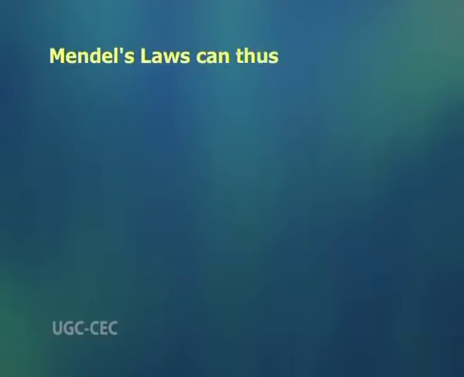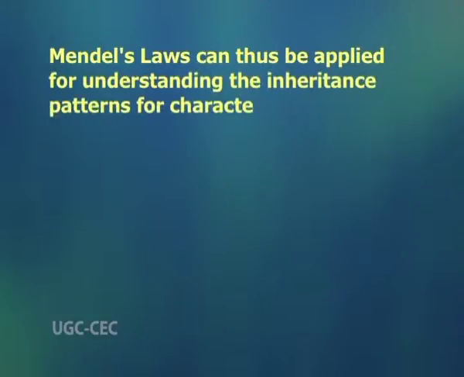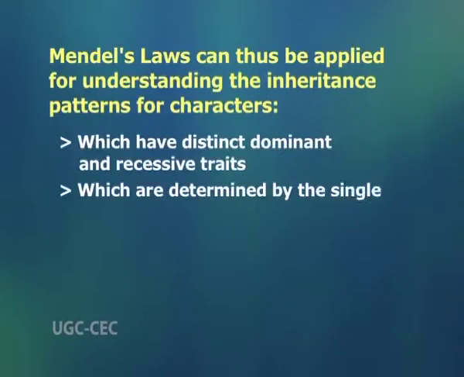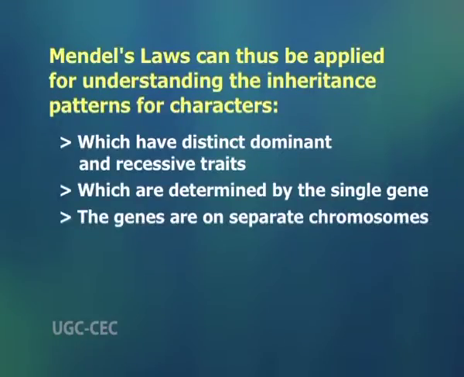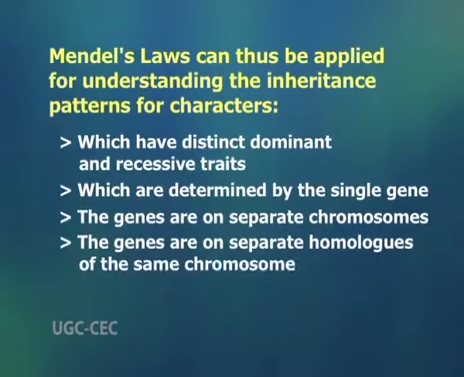Mendel's law can thus be applied for understanding the inheritance patterns for characters which have distinct dominant and recessive traits, and which are determined by a single gene. The genes are on separate chromosomes, the genes are on separate homologues of the same chromosome.